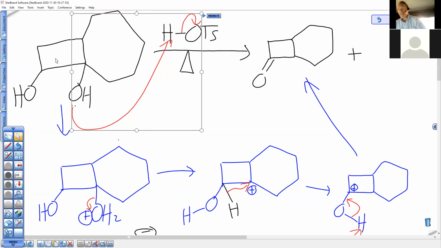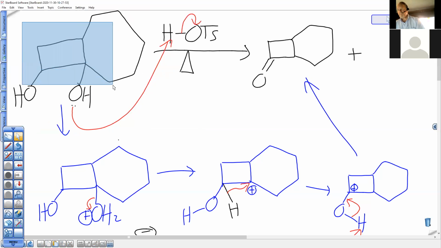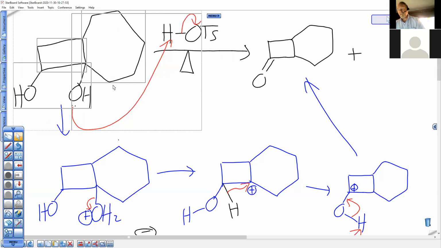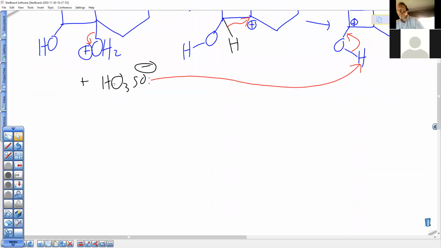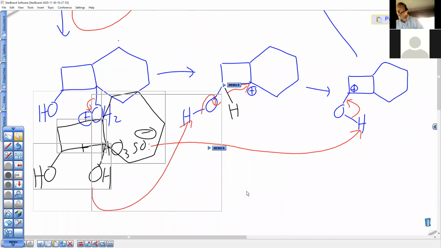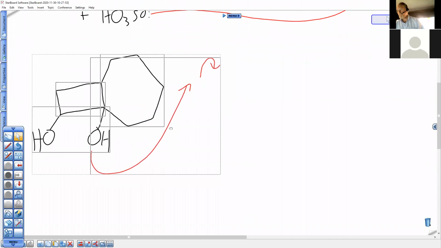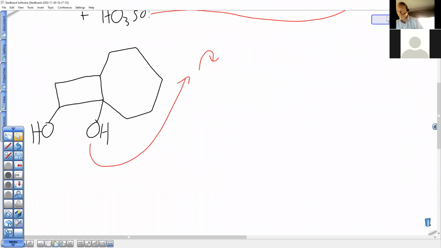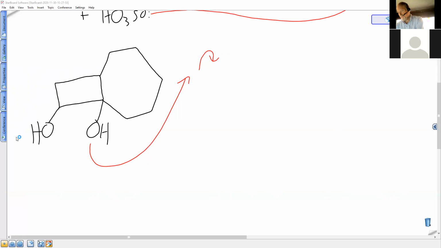Whoa, I can't do that. Can I get my molecule? Close. I don't want that arrow. We'll get rid of it. Oh, I hit the, don't ever hit that button. 5, 4, 3, 2, 1.